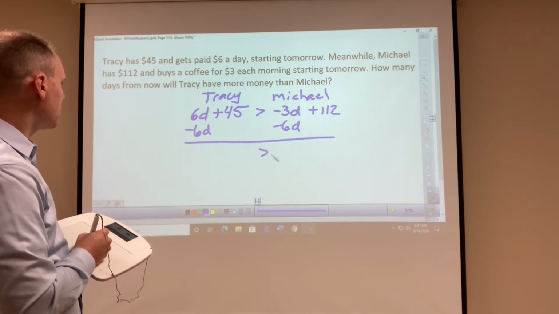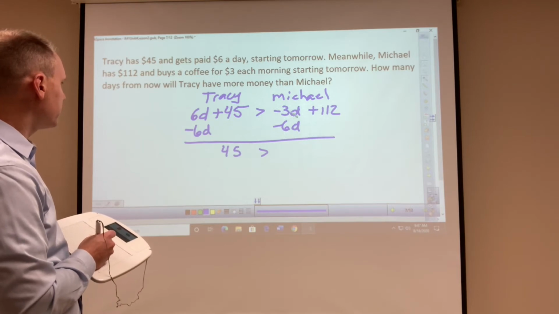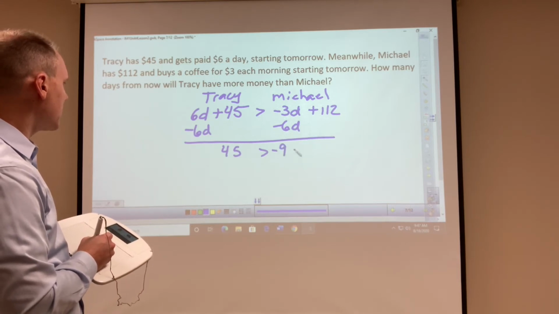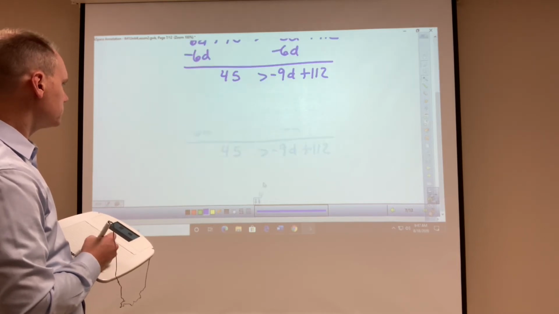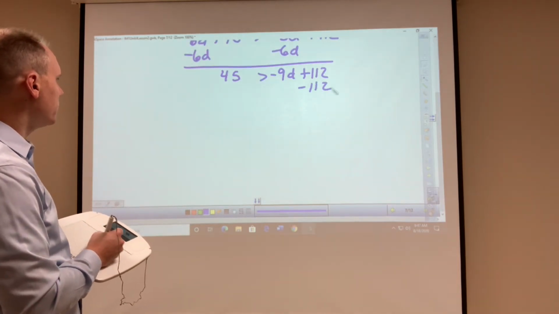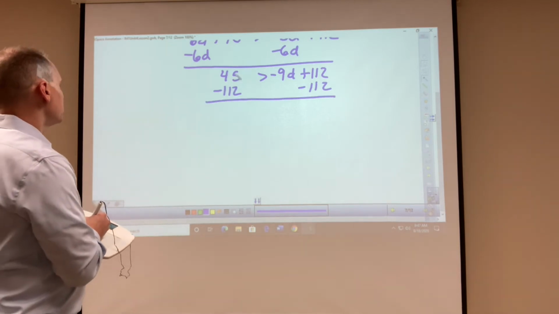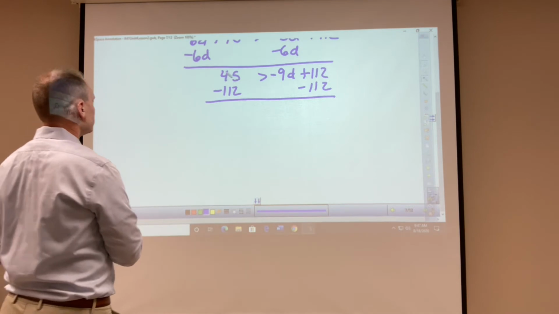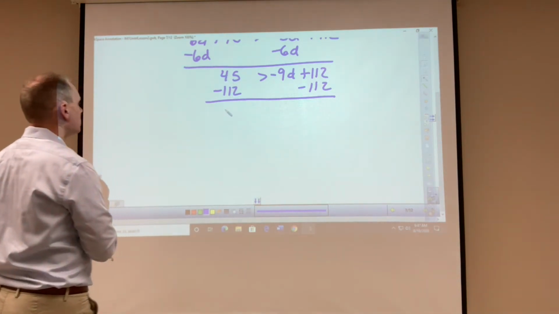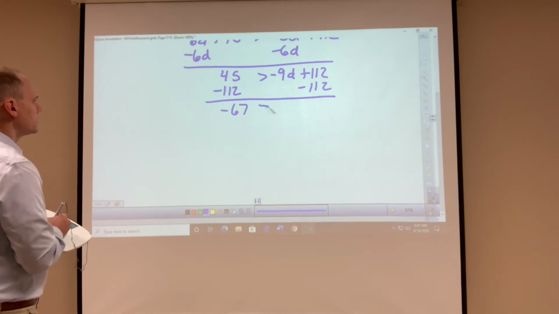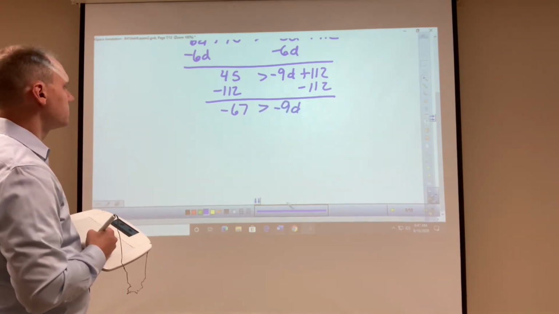So we get 45 is greater than negative 3D and negative 6D makes negative 9D, plus 112. Let's subtract 112 from both sides. So it's going to be negative 67 greater than negative 9D.